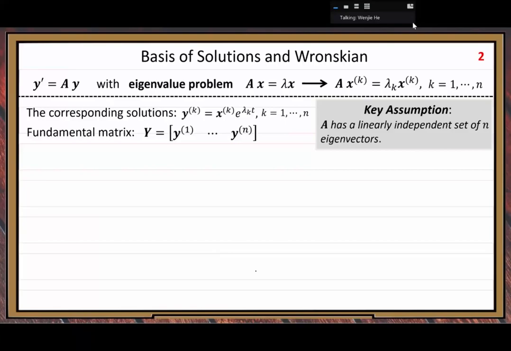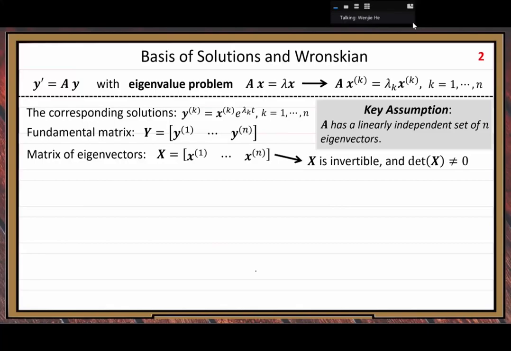Here we need to use the matrix of eigenvectors. Capital X is the matrix of all the eigenvectors. We want to use this matrix to represent the fundamental matrix, capital Y.